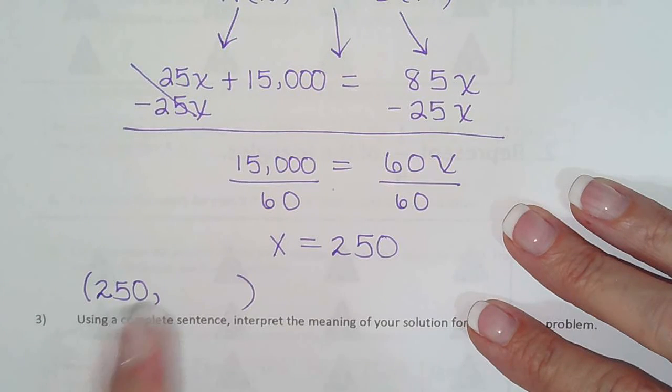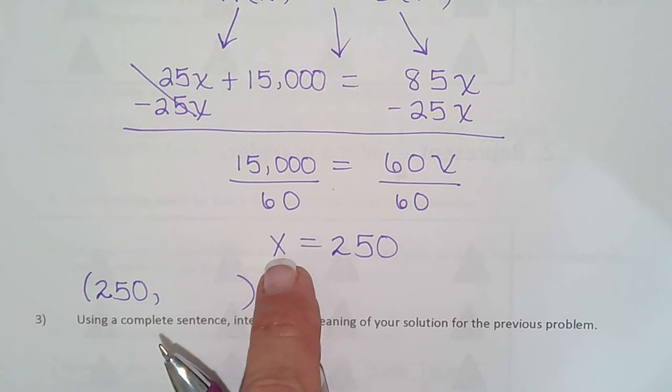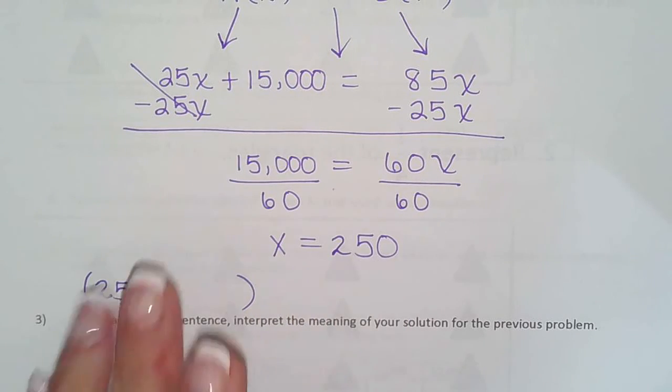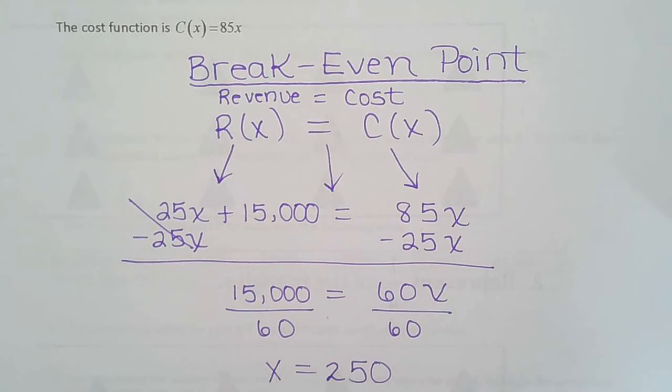And how are we going to tell what that gives us? Look what it says: x equals 250. Don't we have two equations up there we can plug it into? And remember, we always want to plug it into both because that's our check.